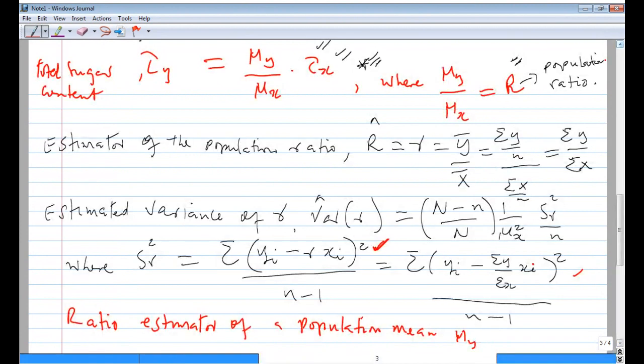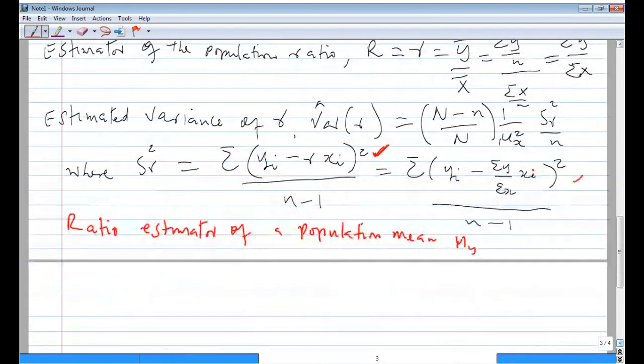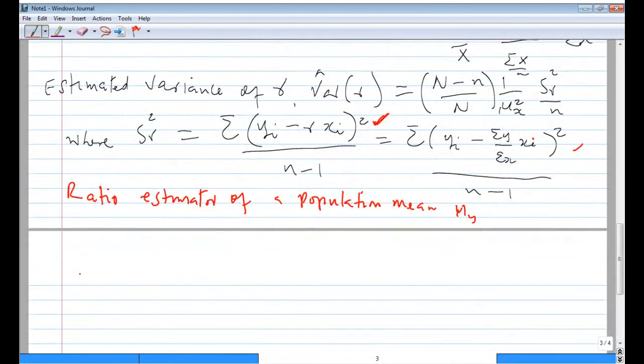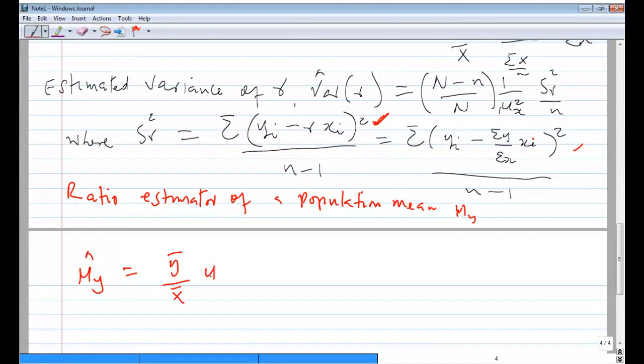So you're going to have mu y hat, because you are estimating it, which is equal to y bar over x bar times mu x, which is also equivalent to summation of y over summation of x times mu x, the same thing, which is also equivalent to r times mu x.